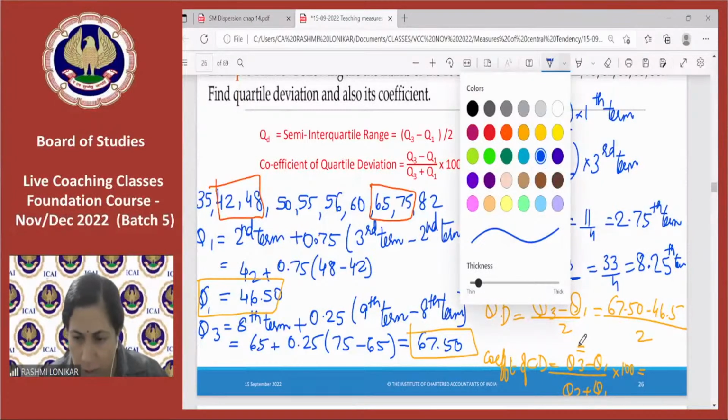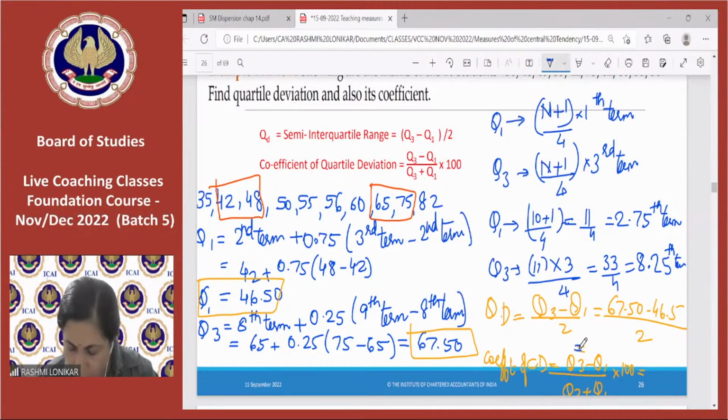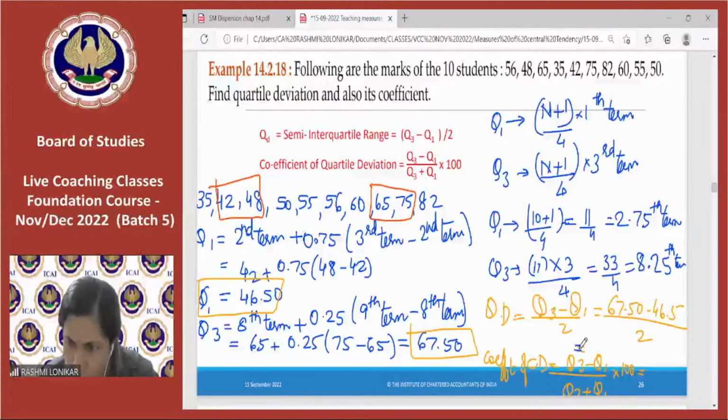What will this value be? 18.42? 10.5? This is 10.5, and then how much is the coefficient? Can you find out the coefficient?